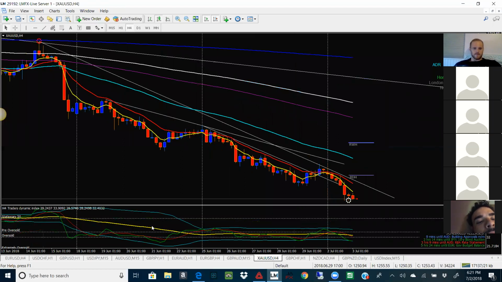So what happens is when the TDI gets really tight and congested in the oversold zone and stays within the volatility band, two things: continuation in the same direction, right? And/or, depending on the day, an intense reversal, right?